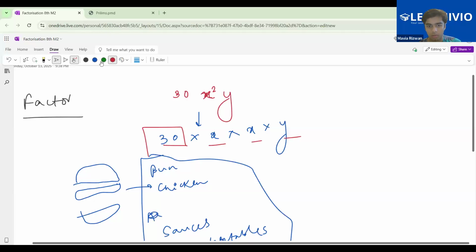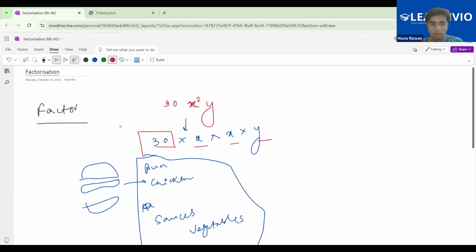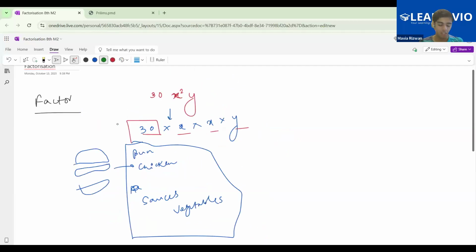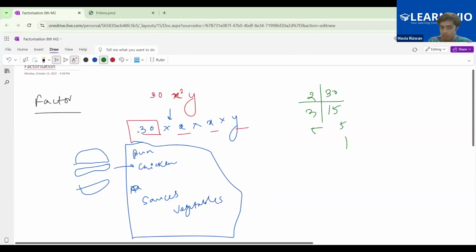Okay, fine. So these are factors. Now, moving on in these factors, I have this 30. This 30 I can factorize further. How? By using prime factorization. Remember, prime factorization is basically breaking down a number into its prime forms. So 2 15s are 30, 3 5s are 15, and 5 1s are 5. So 30 is the combination of 2 into 3 into 5.